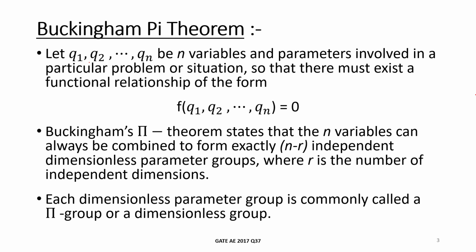We will talk about the Buckingham Pi theorem. Let's say there are variables q1 to qn, and these can be written in the functional form f(q1, q2, ..., qn) equal to 0. The Buckingham Pi theorem states that these n terms can be written as n minus r independent dimensionless parameter groups, where r is the number of independent dimensions.